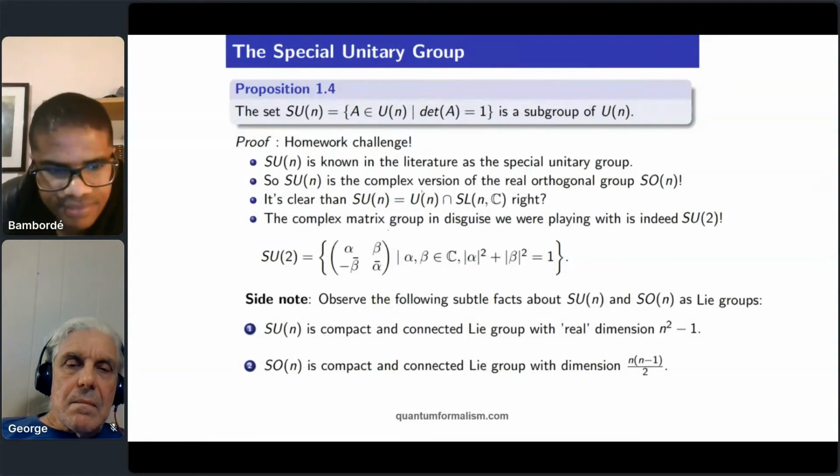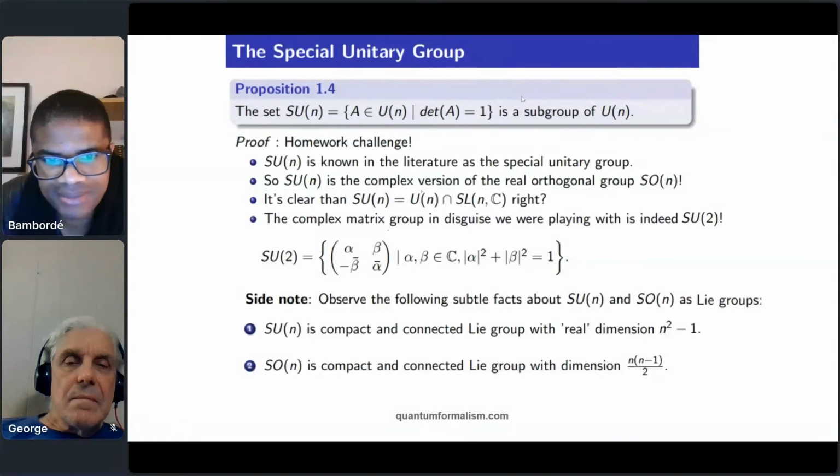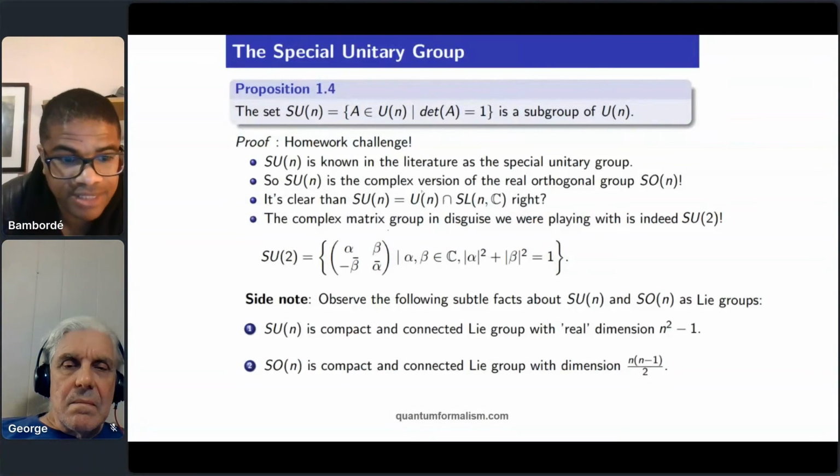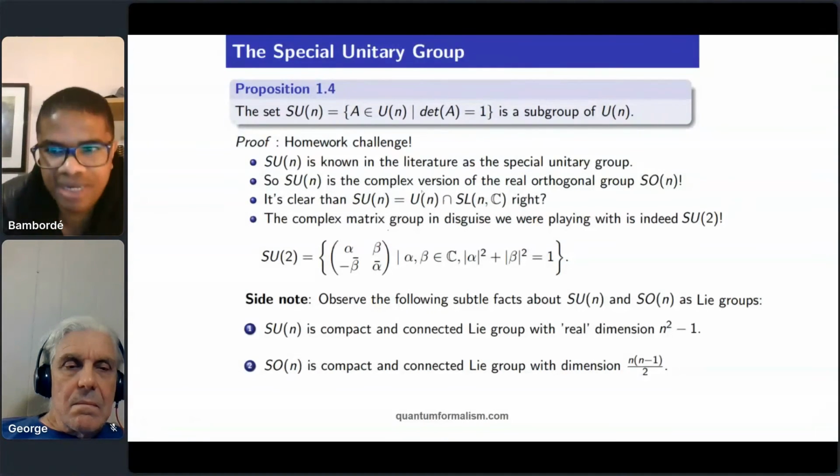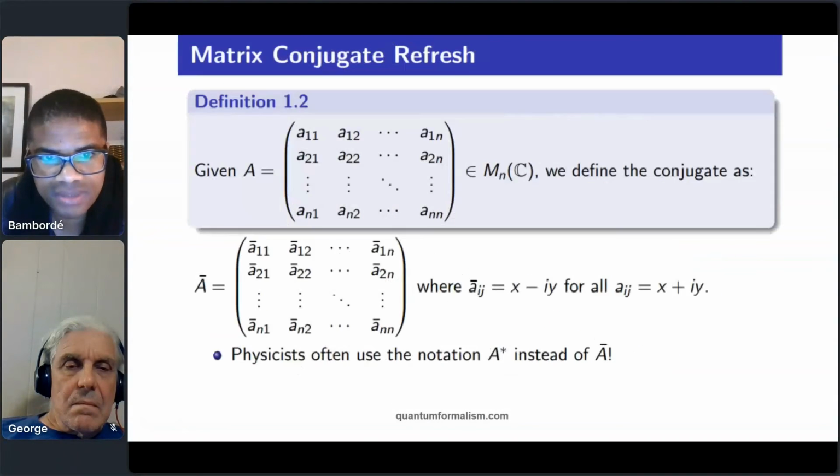Right? Because it says here, it's all the elements of determinant 1. It has to be unitary and it has to have determinant 1. And the invertible matrices with determinant 1 are the ones who live in the special linear group, right? Let me go back so you can see this.